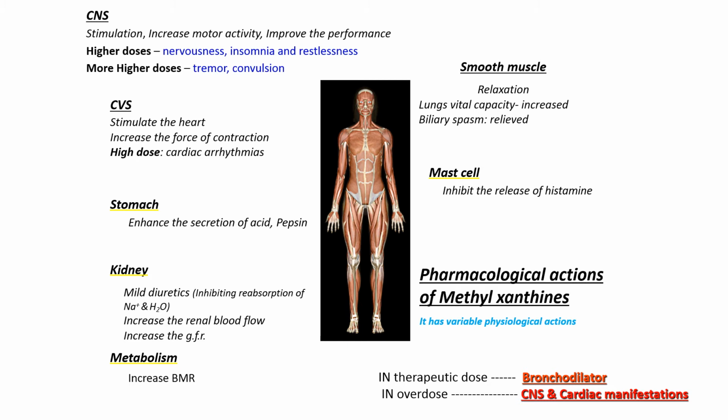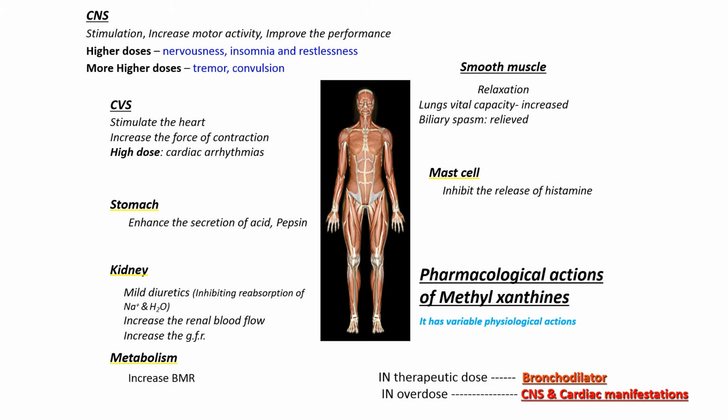In CNS, in normal therapeutic doses, CNS stimulation happens and it improves the performance of the patient. It increases the motor activity; basically, the psychomotor activity is enhanced. But if you increase the dose of methyl xanthines, it will lead to nervousness, insomnia, restlessness.